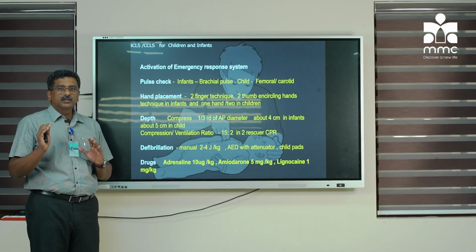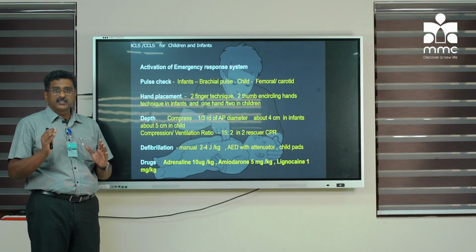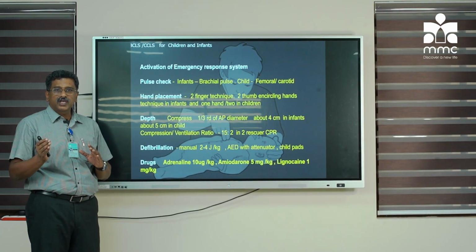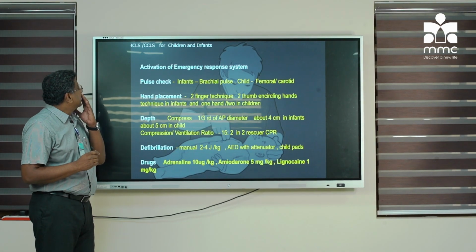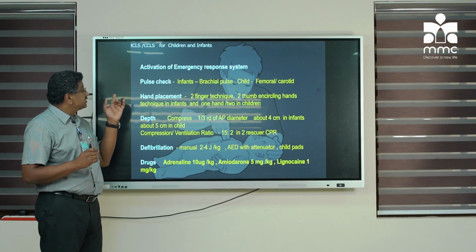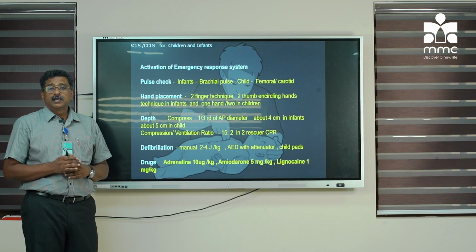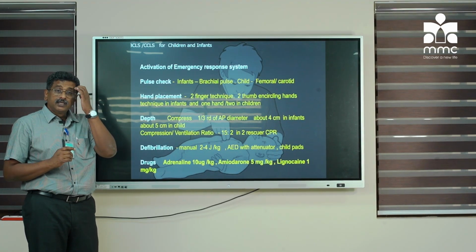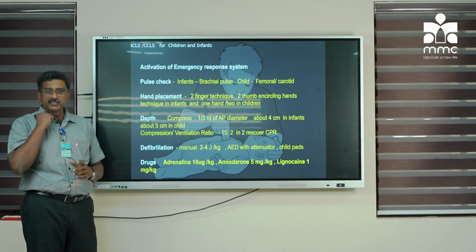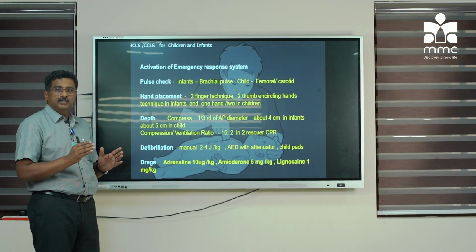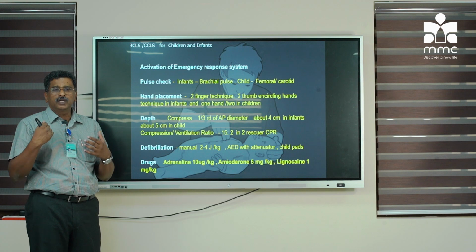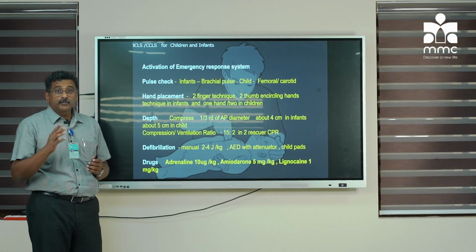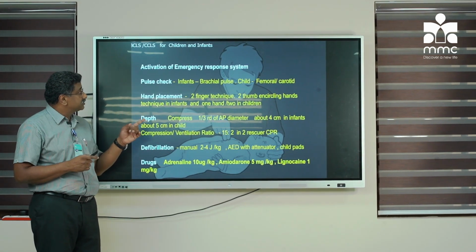Now we are focusing on the main differences between resuscitating an adult and a child. So we will go for the pulse check. Usually you all know that pulse check in an adult patient in cardiac arrest is by carotid pulse. But in an infant, because it is very chubby, you will not be able to feel the pulse. So they say brachial pulse.